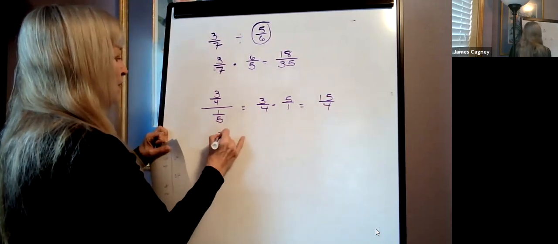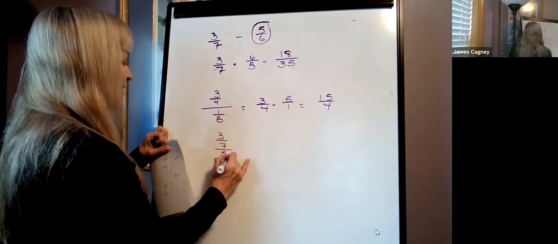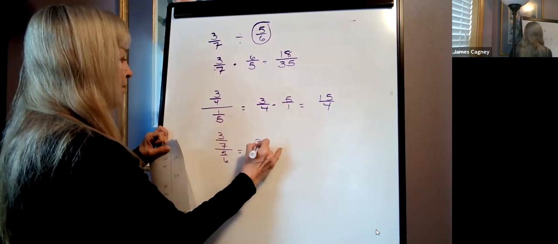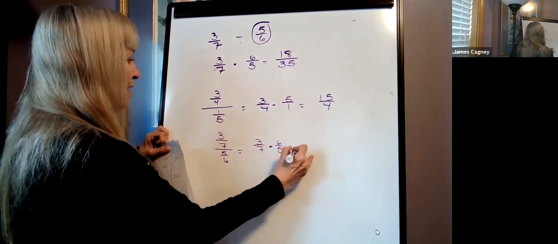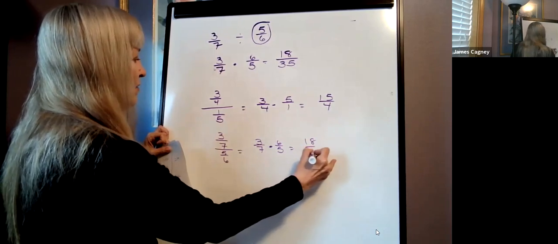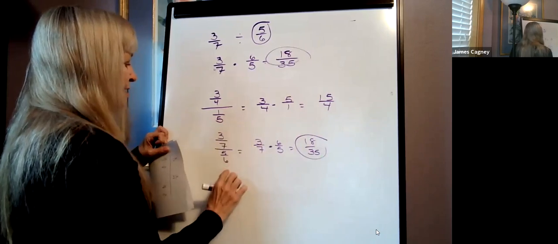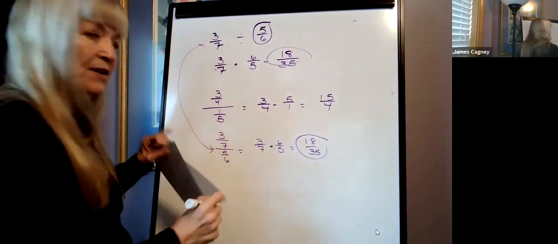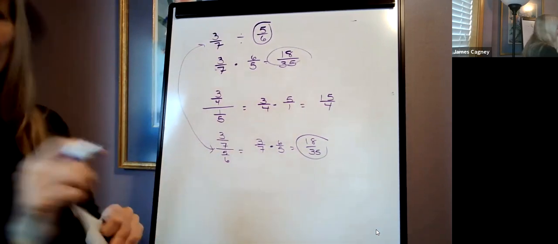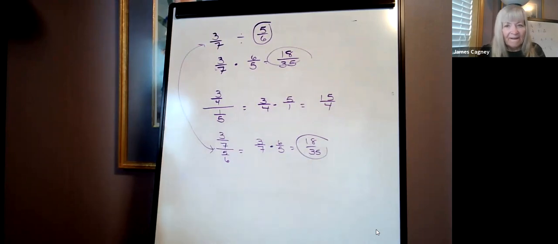So notice if I went back to the first problem, 3/7 divided by 5/6 would end up being 3/7 times 6/5, which is going to give me 18/35. Same answer. This is just a different way of writing this original problem that we had, and you will see things written both ways.